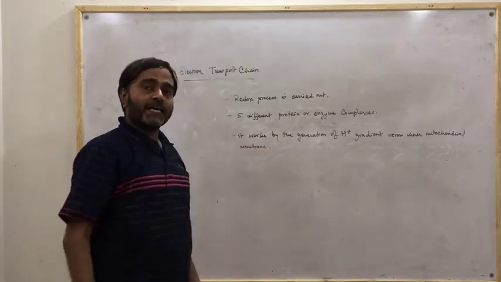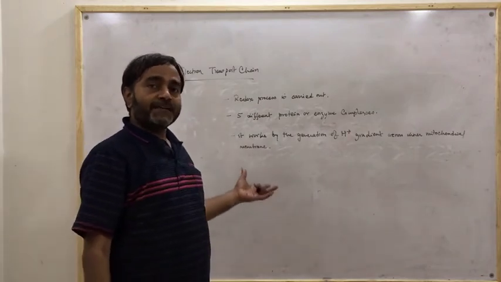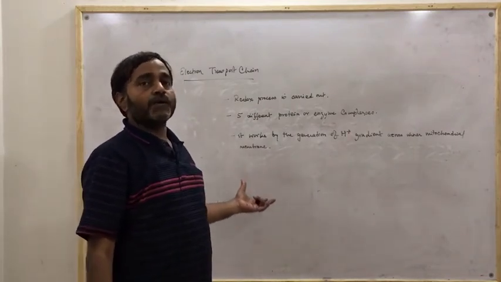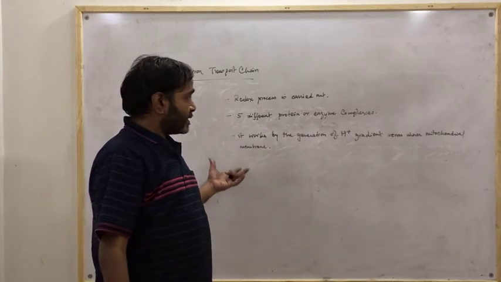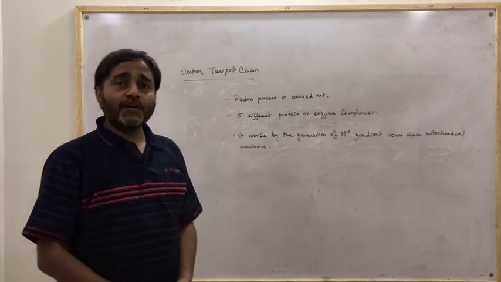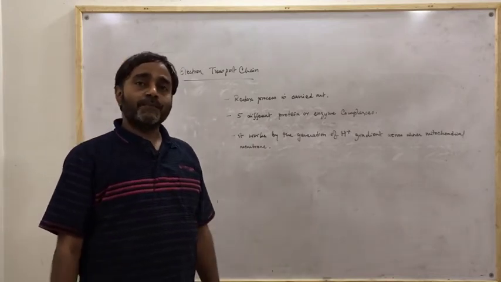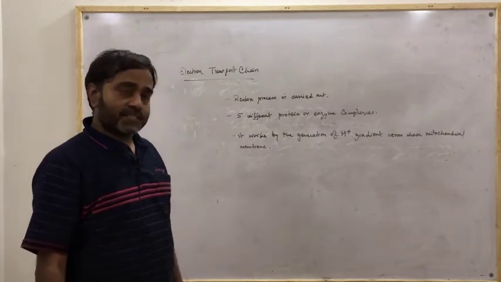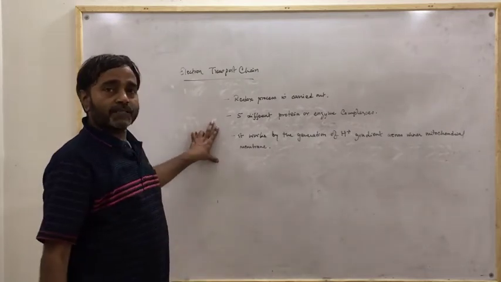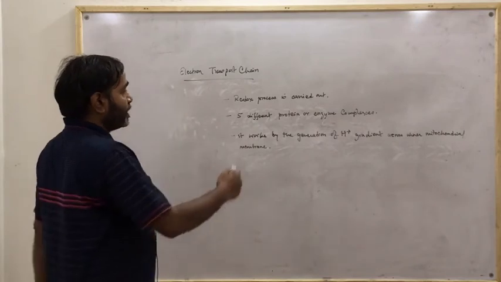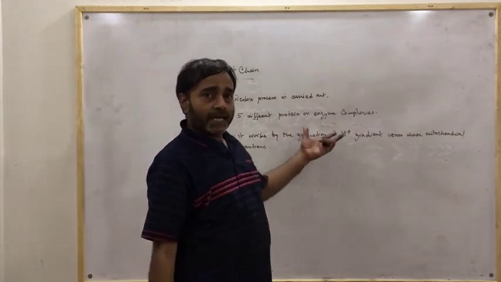And it was explained earlier by Mitchell. Peter Mitchell was the worker who explained this, and it is explained by the chemiosmotic theory, which was given by him in the year 1961.